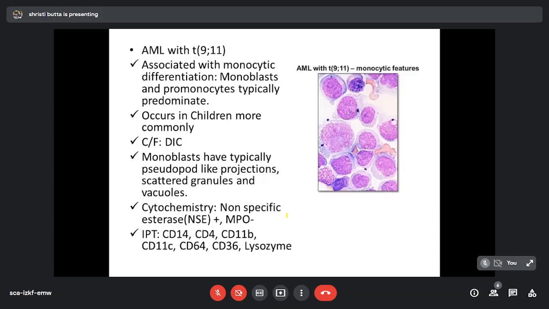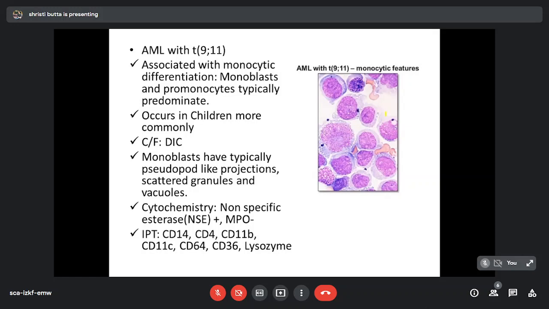Now coming to AML with translocation 9;11, this is a condition which is associated with monocytic features. That is, the monoblasts and promonocytes predominate in this case. Okay, children are frequently affected, and DIC is the most common manifestation. As I've already said before, the monoblasts or the promonocytes, for that matter, are positive for NSE, that is the non-specific esterase, and they are MPO negative.